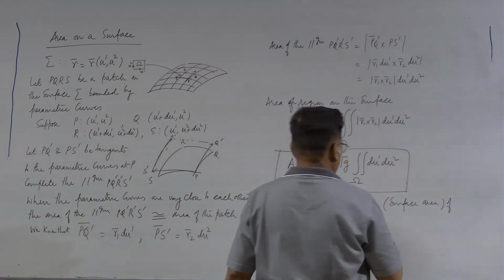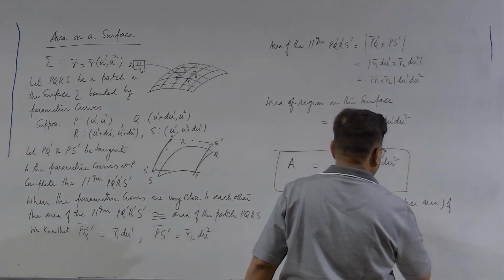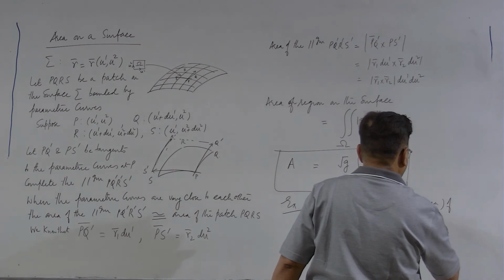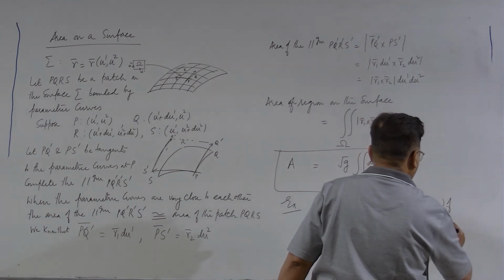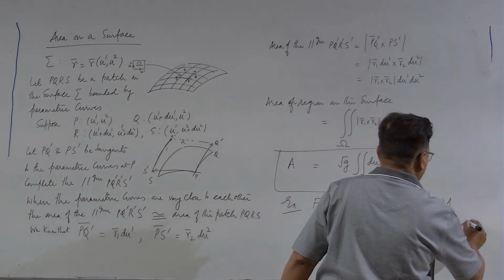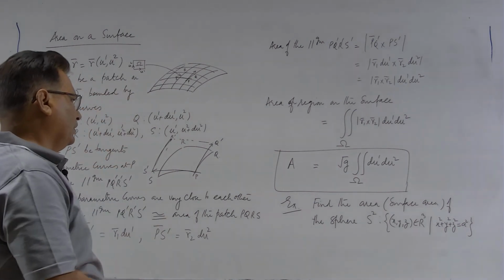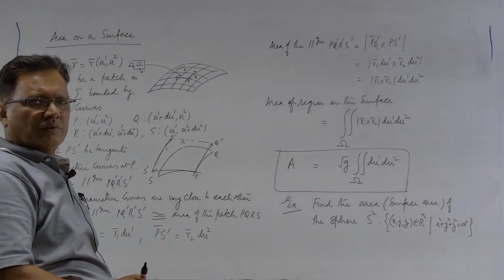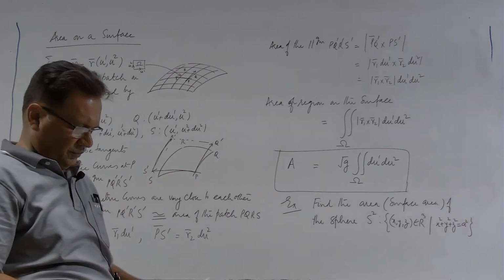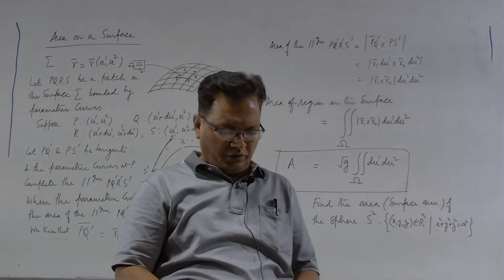S2 means the set of all x, y, z in R3 such that x square plus y square plus z square equals a square. You can convert the equation into parametric form, and then compute the area by using this formula. So, this is the last thing of the unit.